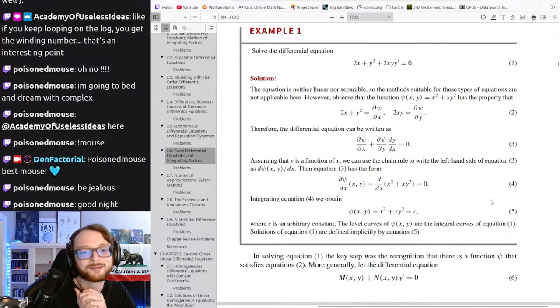So what's the deal with exact equations and their integrating factors? Similar idea, well, it's the same idea, just a more complicated case.